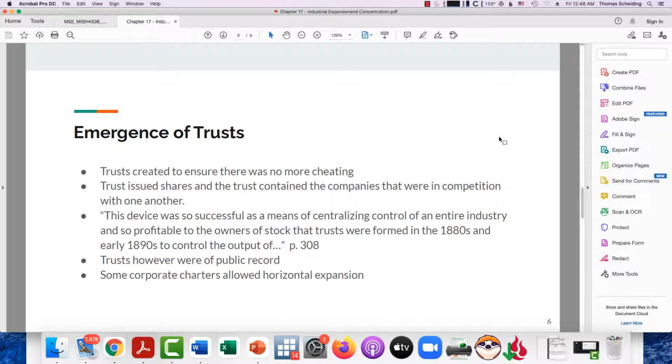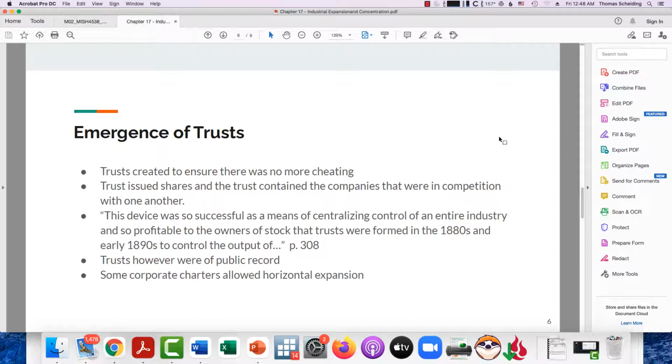And from page 308, what I quote from that is: this device, the issue of the trust, was so successful as a means of centralizing control of an entire industry and so profitable to the owners of the stock, the trust reformed in the 1880s and early 1890s to control the output of, and then it lists a whole bunch of different products.